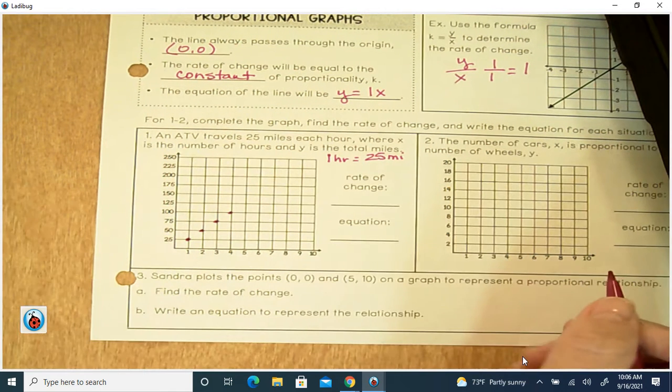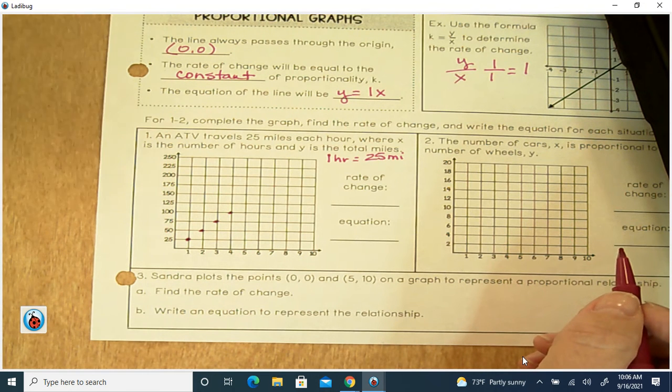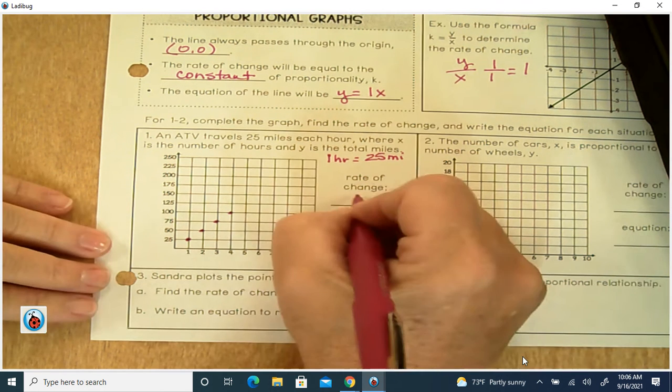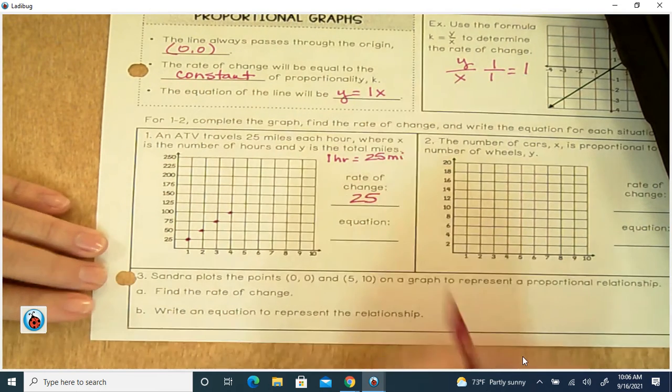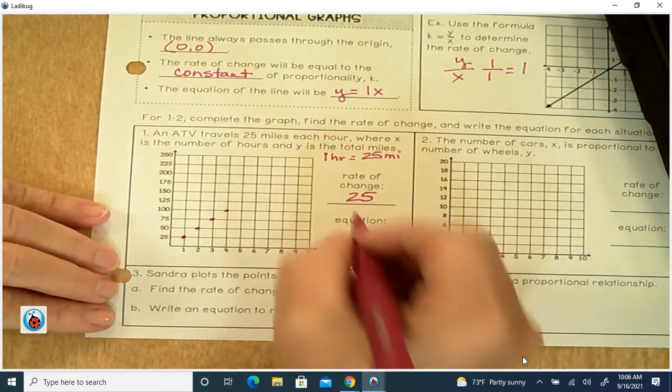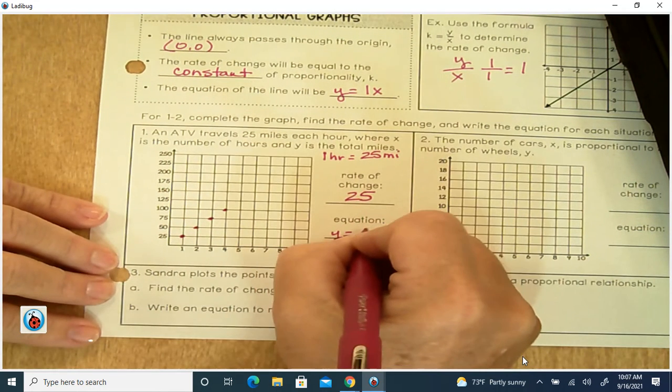Does anybody not understand how we got those numbers? What's the rate of change? Y divided by x. So find a y and then divide it by x. 25. The rate of change is 25. And then the equation would be y equals 25x.